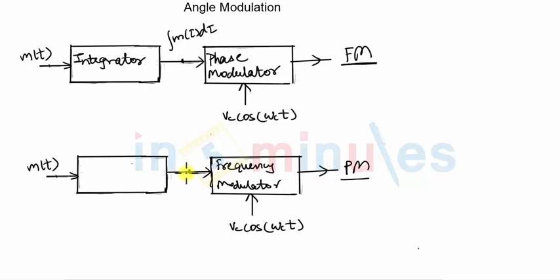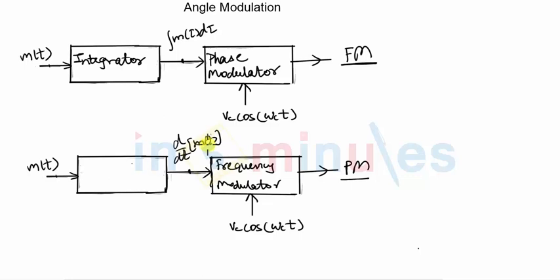Now we have already discussed that to generate phase modulation, the frequency should change in proportion to the derivative of modulating signal. So what I want to generate first is d by dt of M of t and then give it to a frequency modulator, and my output will be frequency varying in proportion to derivative of M of t and hence phase varying in proportion to M of t amplitude directly.